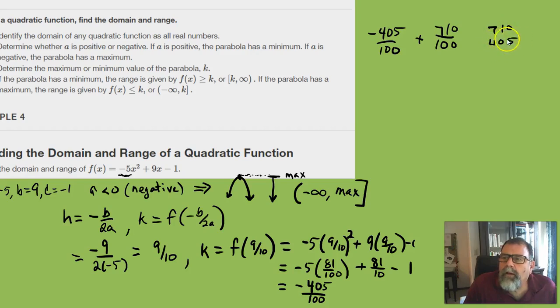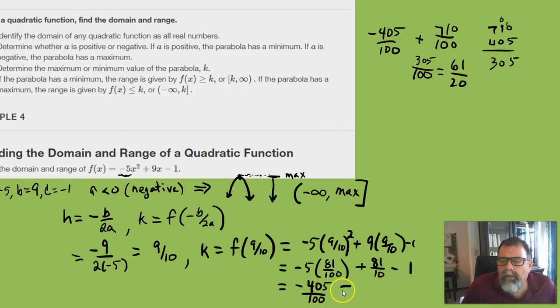I don't have my calculator handy, so I'll just do it real quick. So it'd be 305. So 305 over 100, and then I can divide 5 out of both of those, I believe. So 305 divided by 5 would be 61. 100 divided by 5 would be 20.